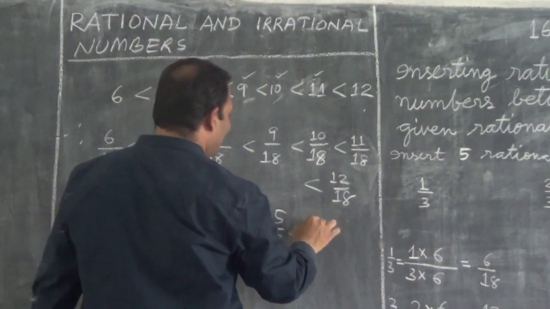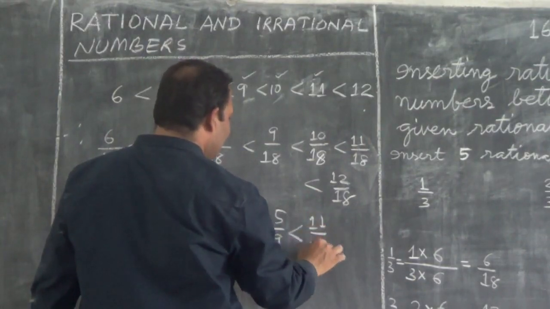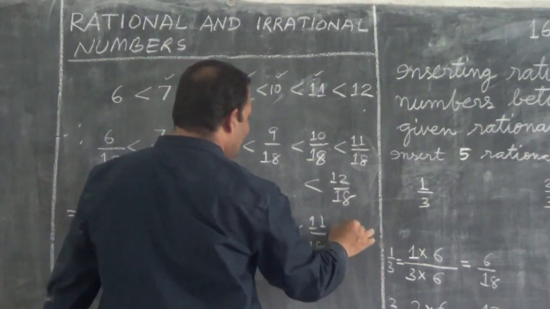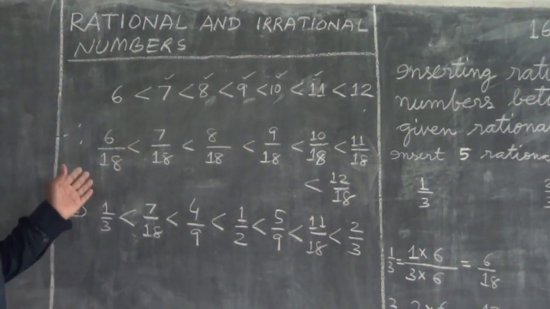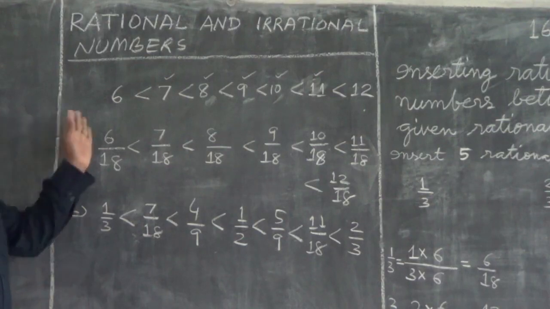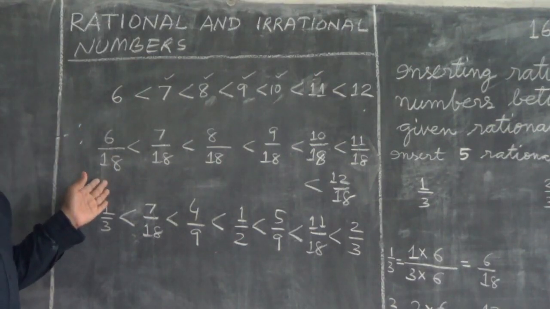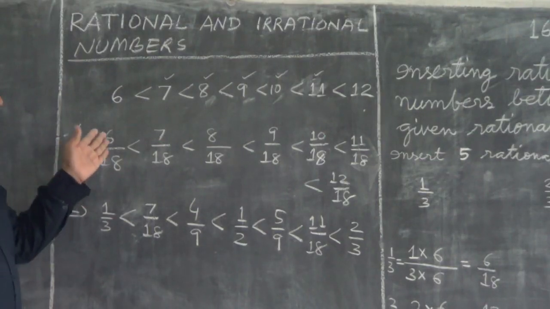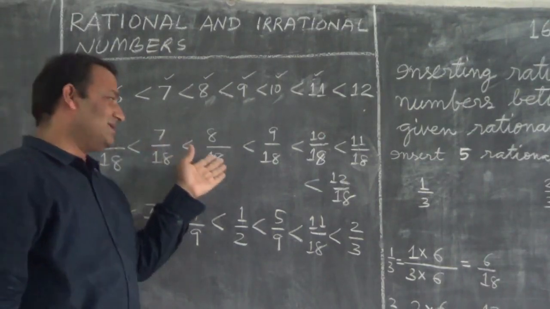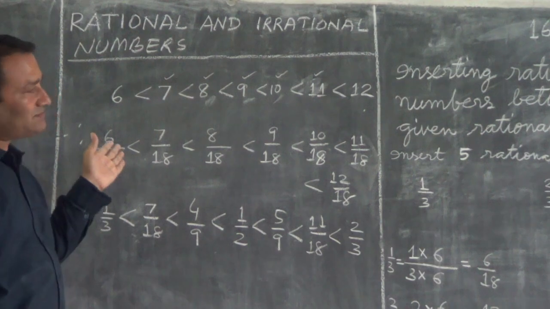This you cannot reduce, 11 by 18. And this you can reduce, 2 by 3. You are inserting 5 rational numbers. See how convenient it is for us. It will not be a very difficult or time-consuming task.